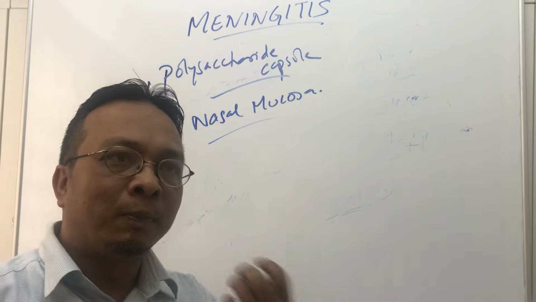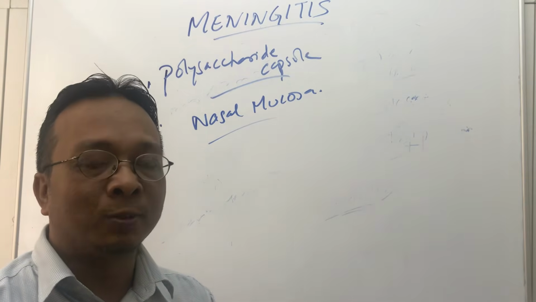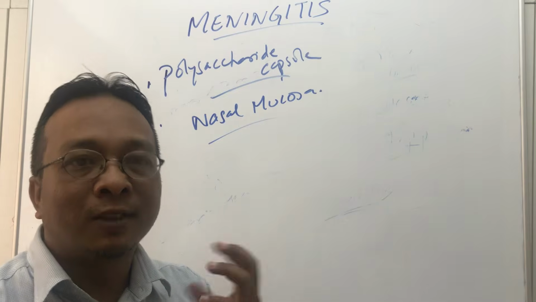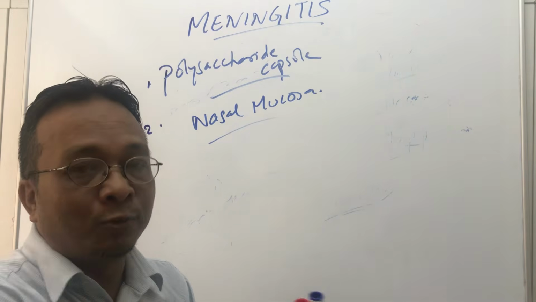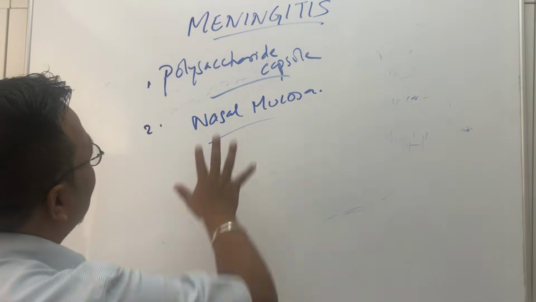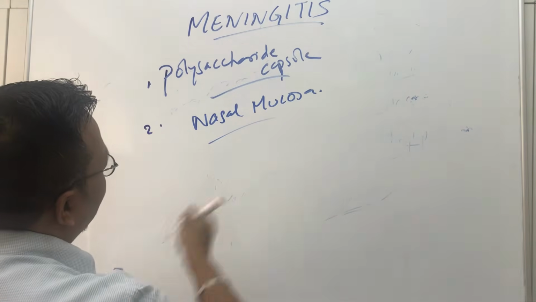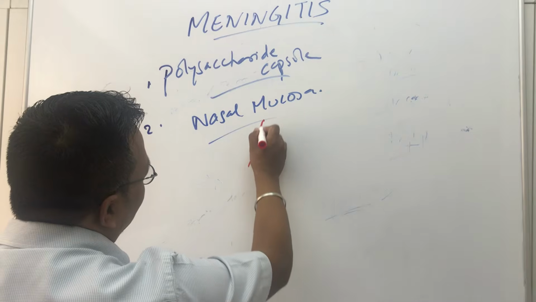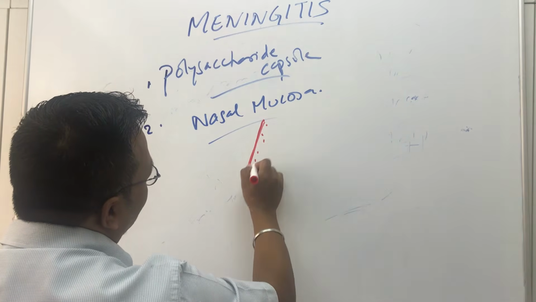That's why any patient with a background of otitis media, rhinitis or sinusitis is at risk for developing meningitis. Okay, so they are present in the nasal mucosa. Let's say they are colonizing the nasal mucosa.